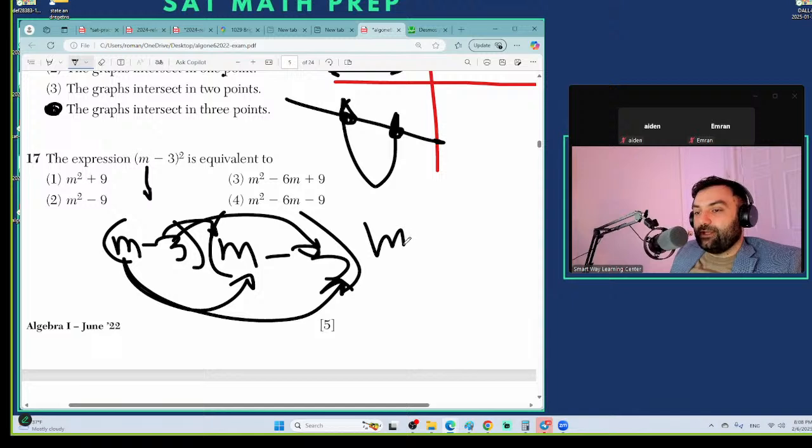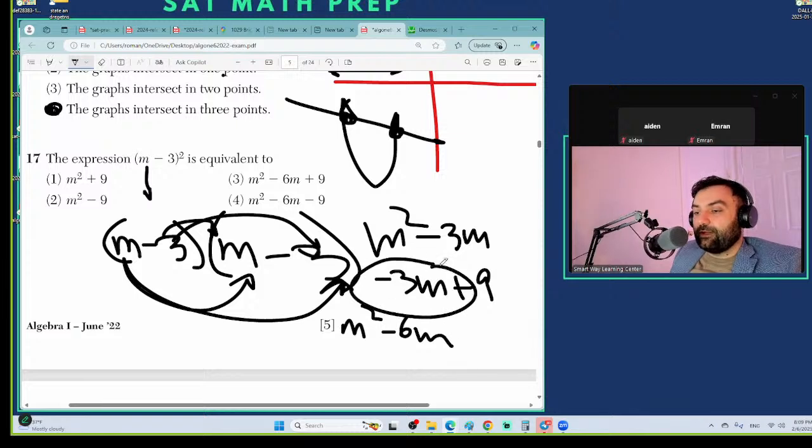So it's going to be m squared, m times m, then m times -3, -3m, then -3 times m is -3m, and then -3 times -3 is +9. So the final answer will be m squared minus 6m, why? Because -3m and -3m makes -6m, plus 9. 3 is the answer.